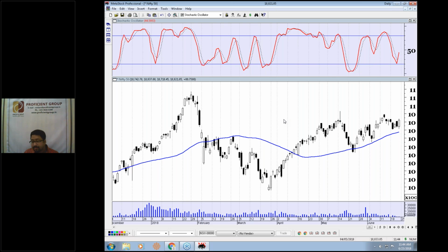And this is the daily chart, of course, and the blue line is the 50-day moving average. And as you can see, very alike to the S&P 500, the Indian equity market has also traced out a similar pattern. It has not broken the 50-day moving average since third week of April, only with one exception in third week of May.